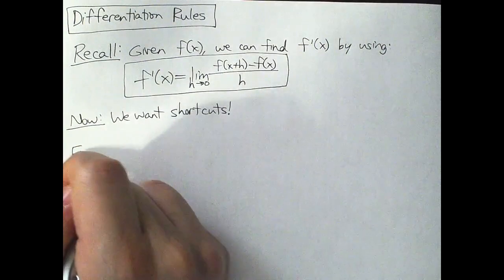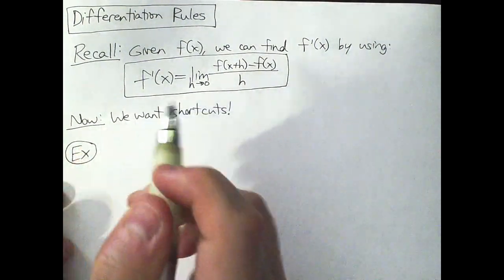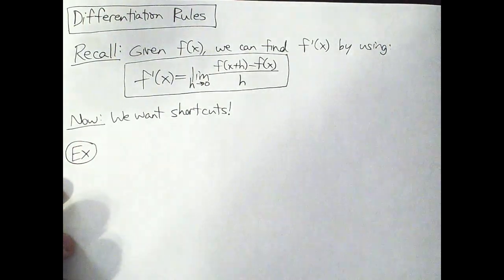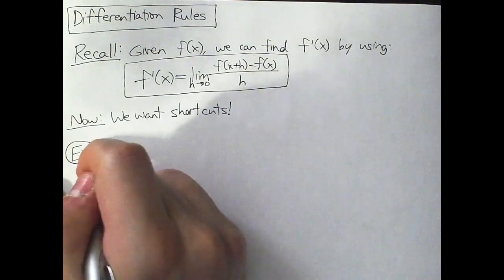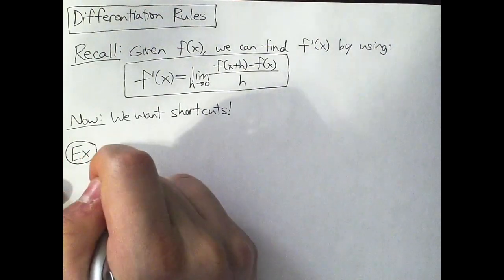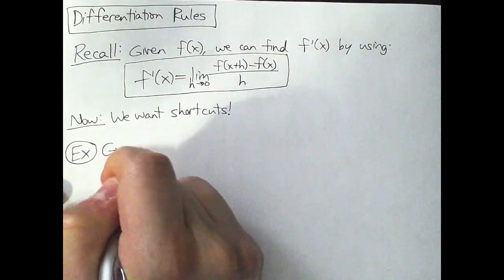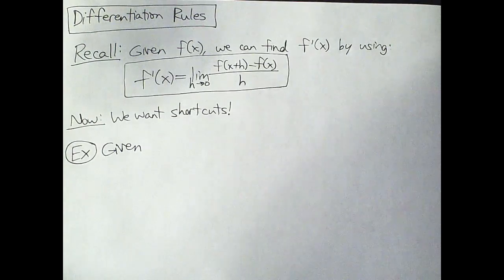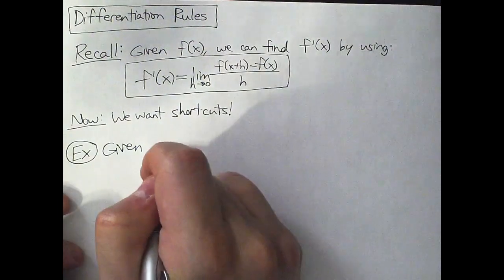What I'd like to do is, before we start deriving rules, I want to show you what this is all about. Some of you may have seen this before if you took a calculus class in high school or something. But of course, calculus is not a prerequisite for this class. This class is calculus. So I'm going to assume that you haven't seen this sort of thing yet. And I want to show you what type of shortcut I'm talking about.